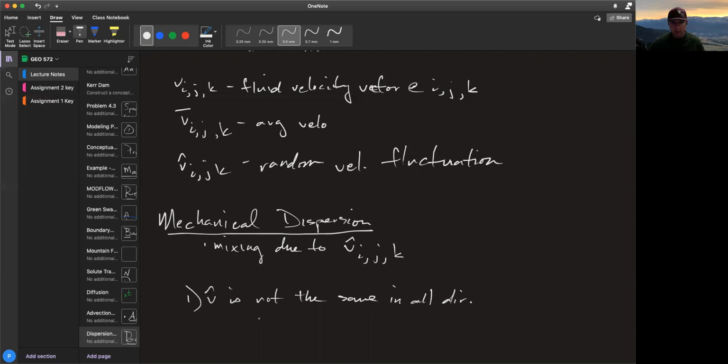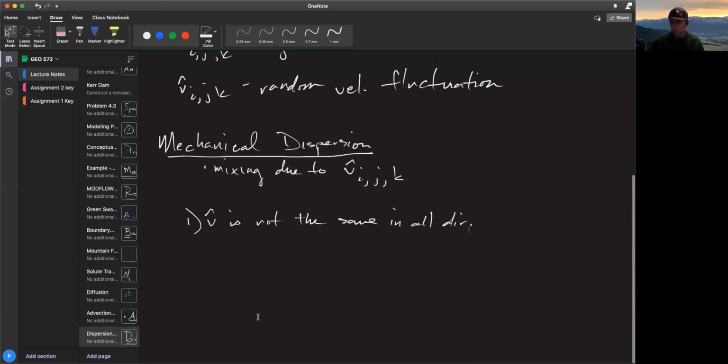And the distribution is governed by the pore network. It's governed by fluid flow velocity variations that are sort of driven by groundwater processes. So it's not the same in all directions. But we're going to say that V hat is normally distributed. It is assumed, this is an important assumption, to be normally distributed.